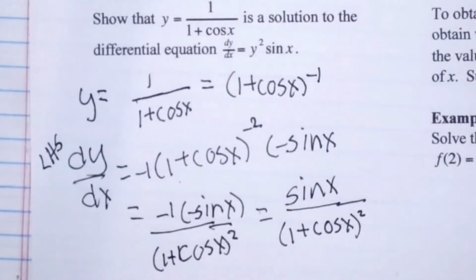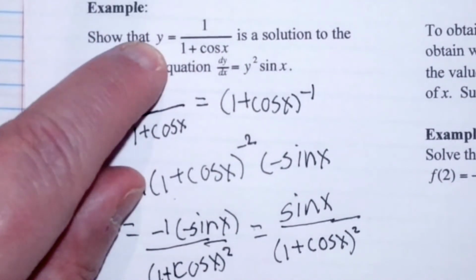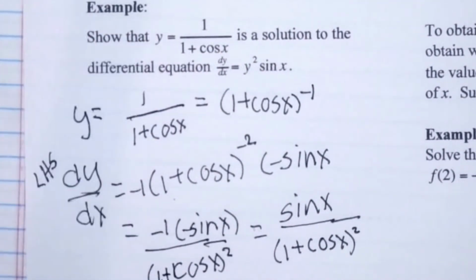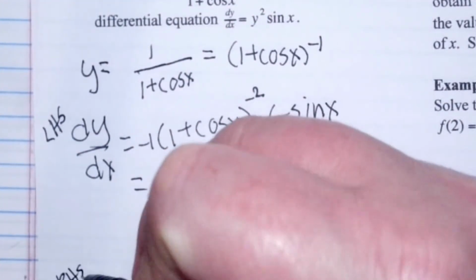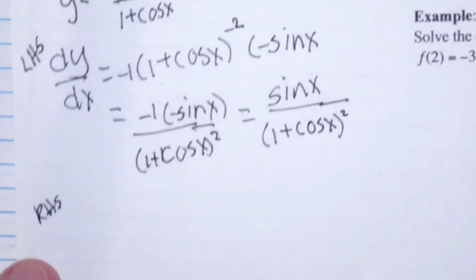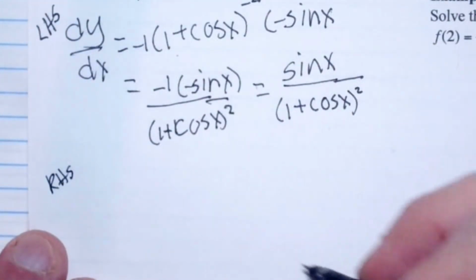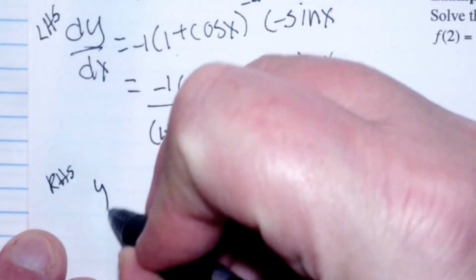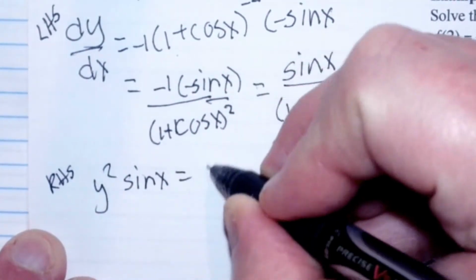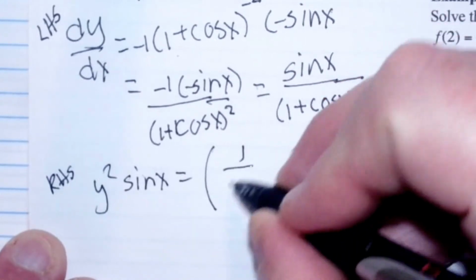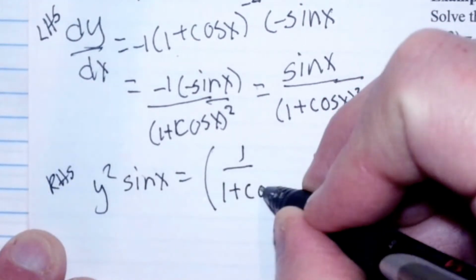Now, what would the right-hand side be? Well, the right-hand side would be y squared times sine x. Well, y is 1 over 1 plus cosine x. So the right-hand side is y squared times sine x. And remember, what we're using for y is 1 over 1 plus cosine x.